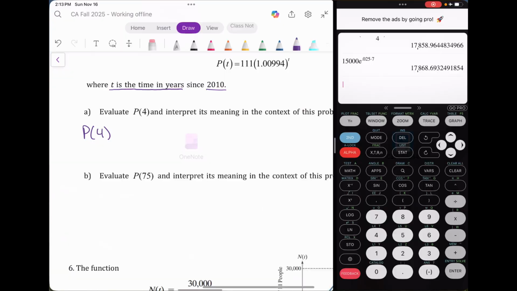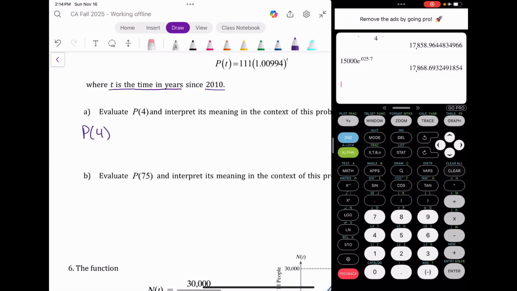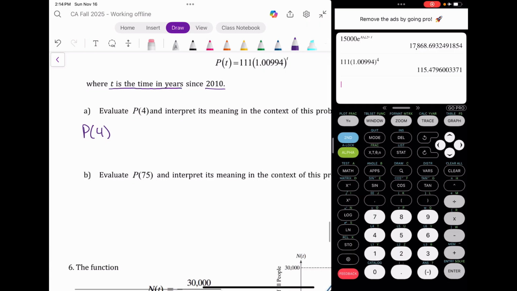So let's see. Okay, so this is 115.4796. So what does this mean?